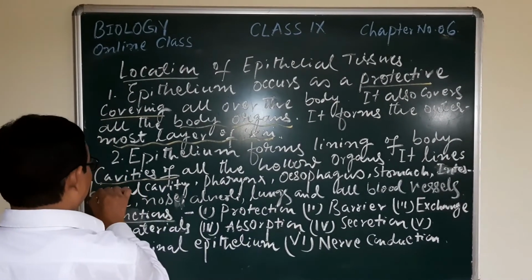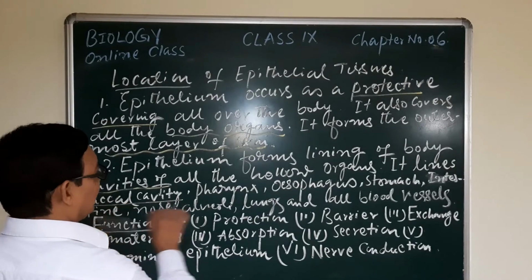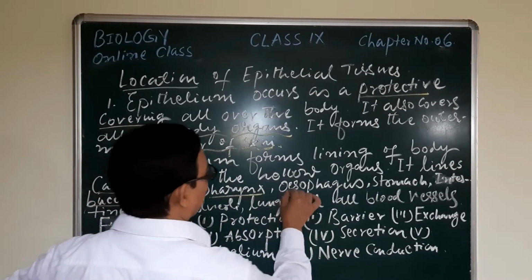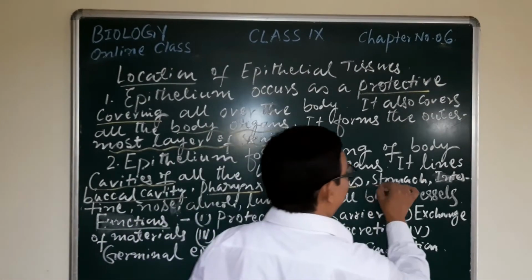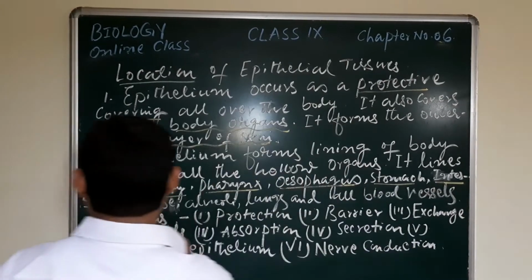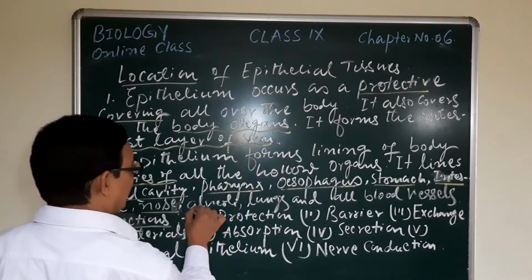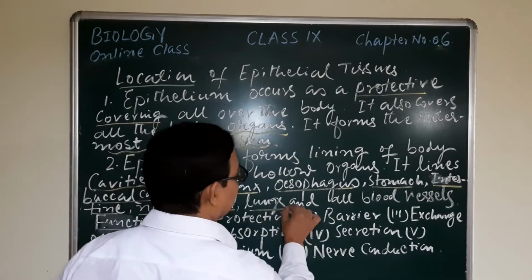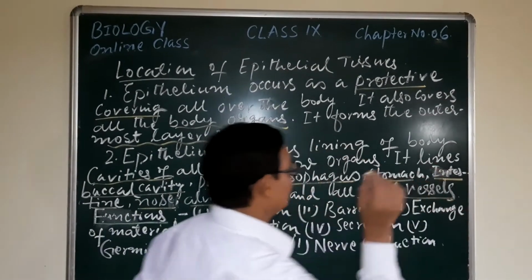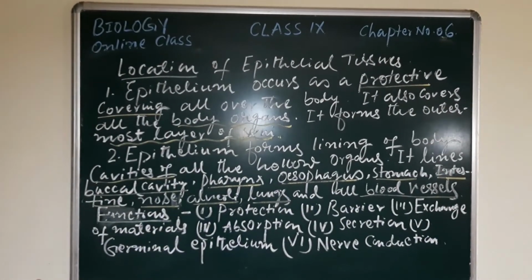It lines some organs, like the buccal cavity, pharynx, esophagus, stomach, intestine, nose, alveoli of the lungs, and all blood vessels. These are some locations.